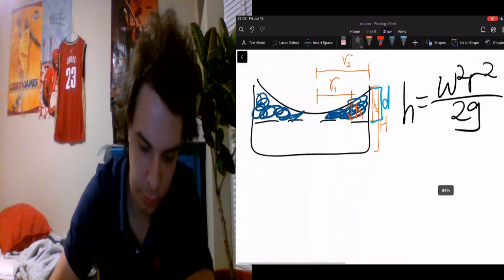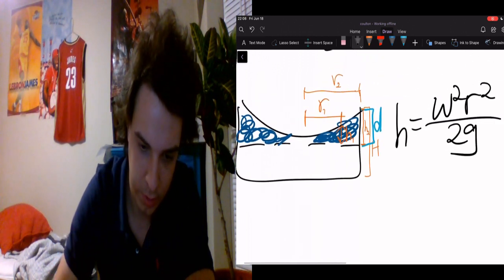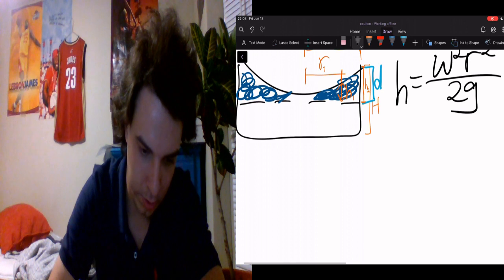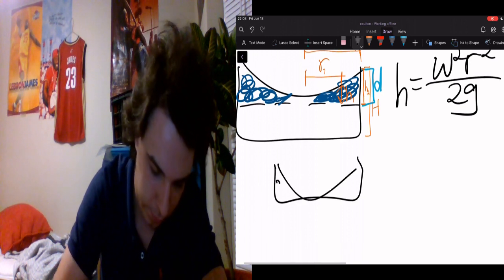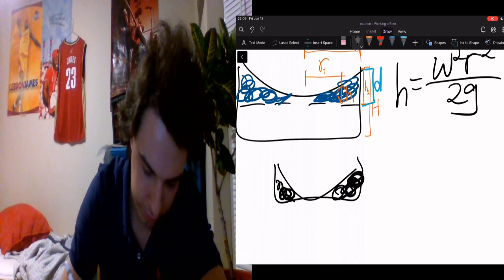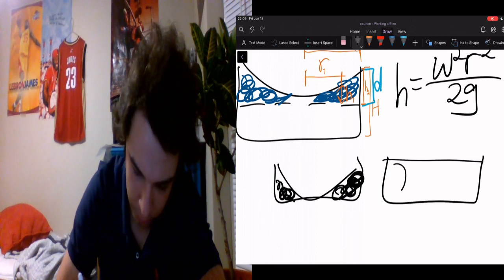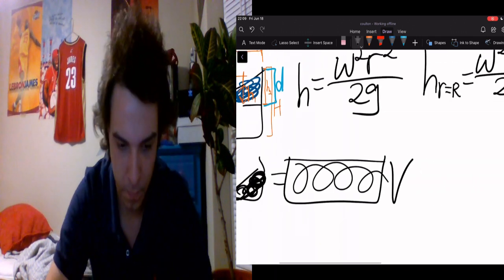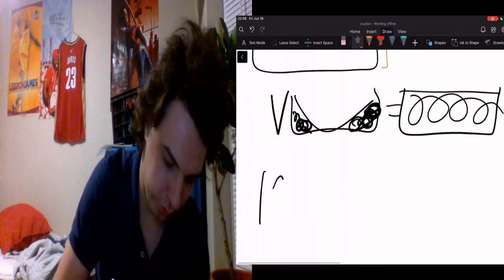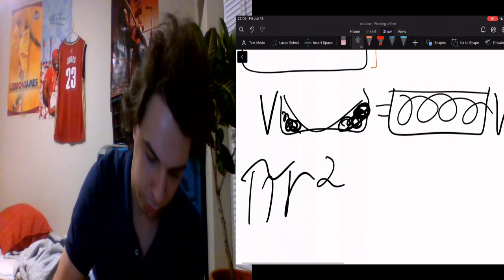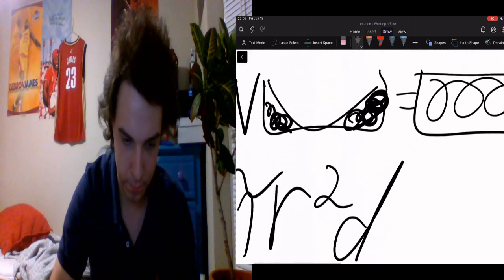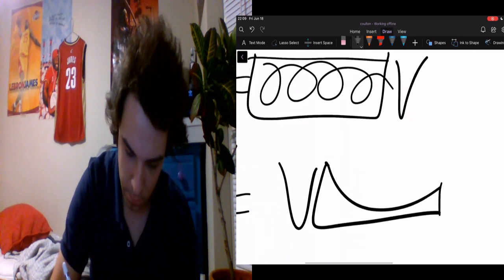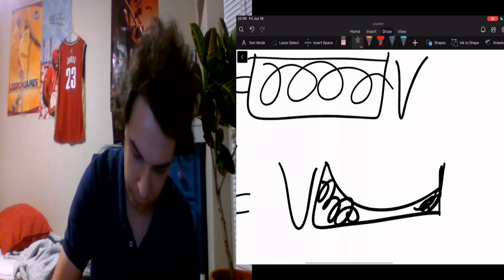And then we can show that, because we know that the volume of this is equal to this, you can say that pi r squared times little d is equal to the volume of this.